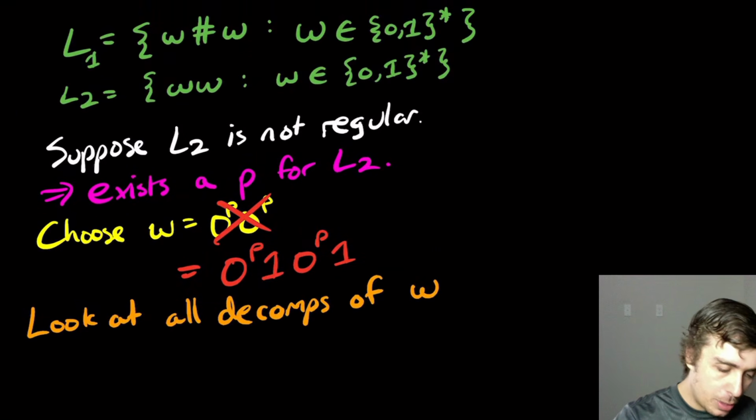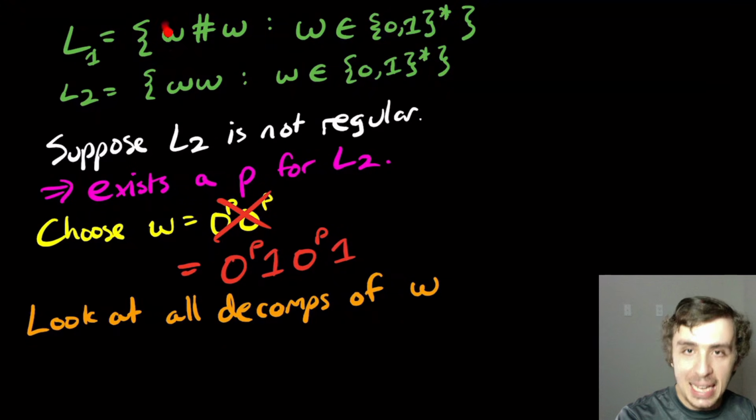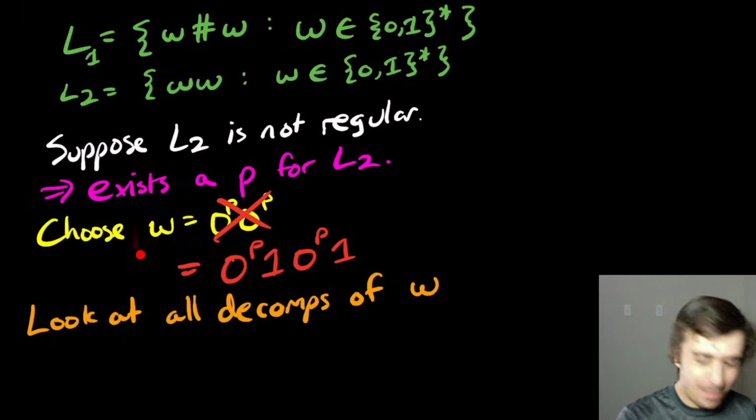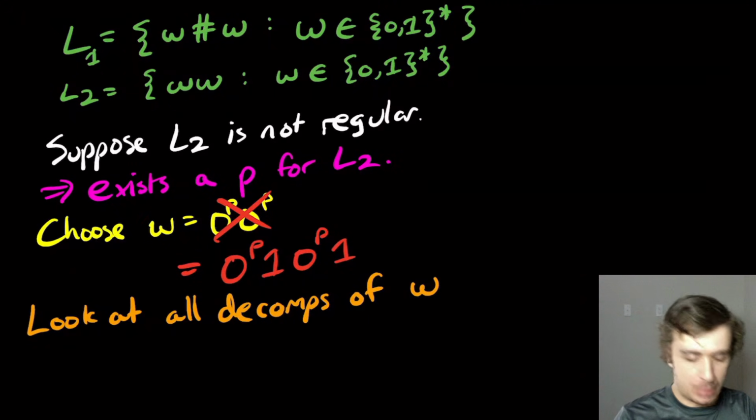I should note here that this w is not the same as that w. That one is just a variable over a set, while this is a particular string that I'm choosing. They just happen to have the same name. You should use a different variable name here. I'm not so good at that, but I'm using w because it's consistent with every other proof I've done.